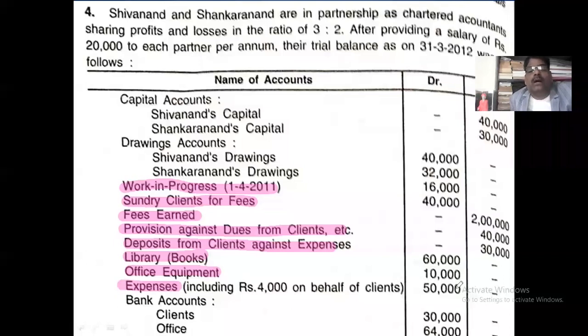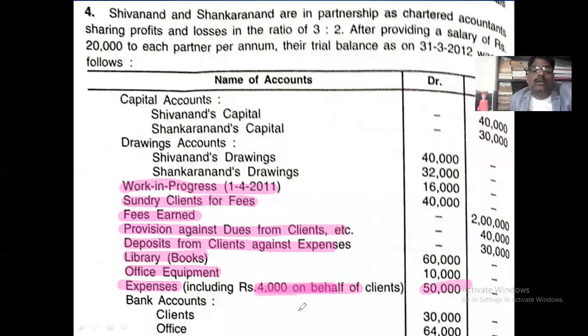50,000 is the expense. Out of 50,000, 4,000 is related with client. So you deduct 4,000 in the income and expenditure account and your expense is 46,000. And the same 4,000 you deduct in the client deposit. Client deposit is 30,000.